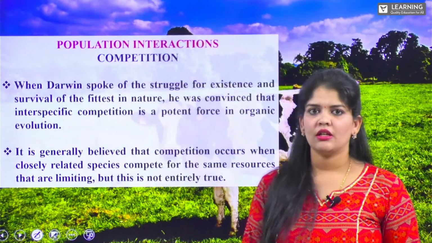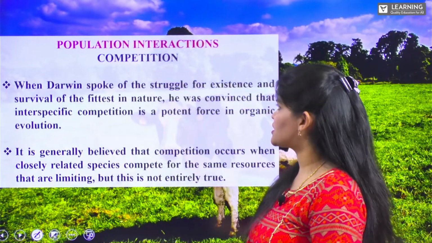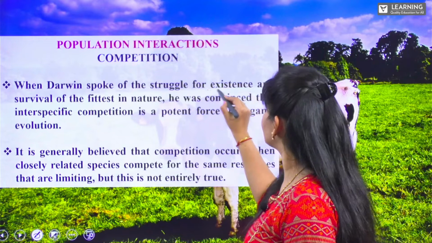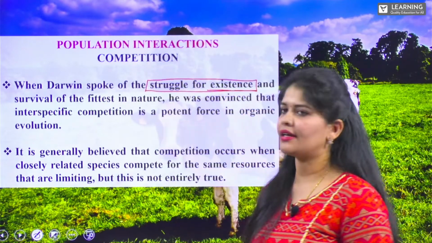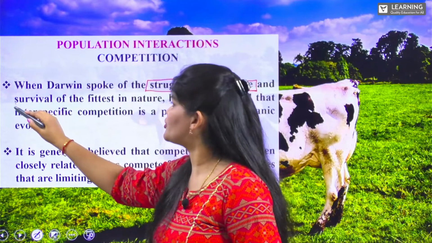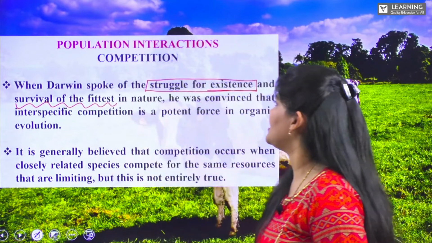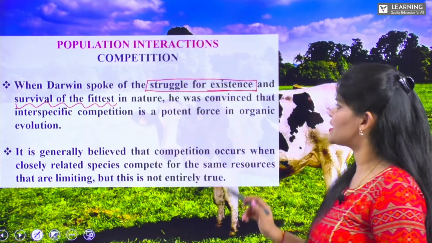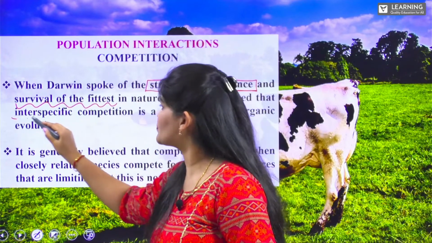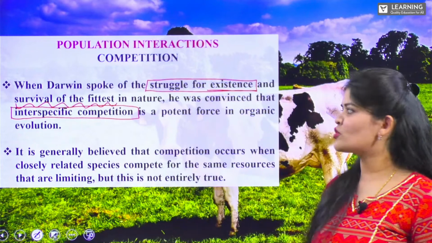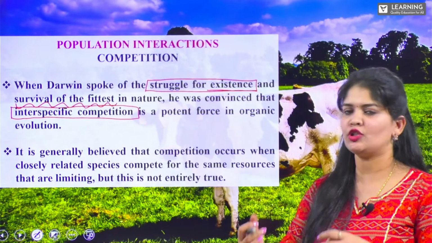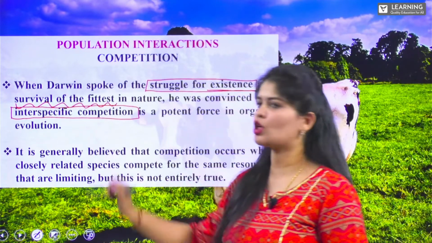Now, when Darwin spoke about the struggle for existence and survival of the fittest in nature, he was convinced that interspecific competition is a potent force in organic evolution. See, interspecific competition.